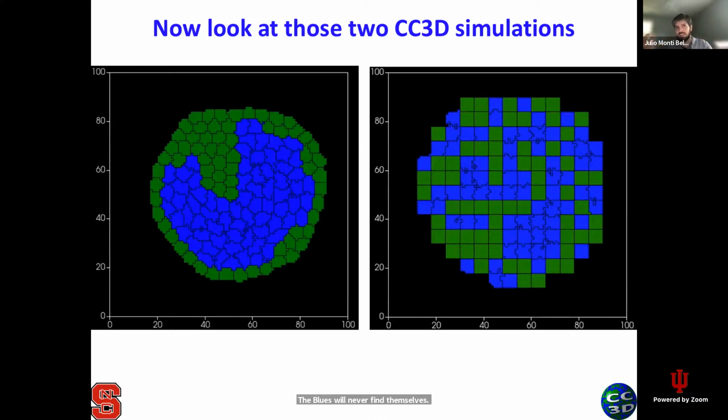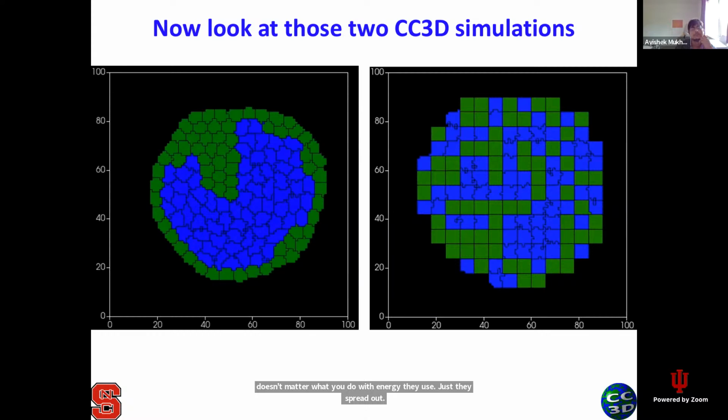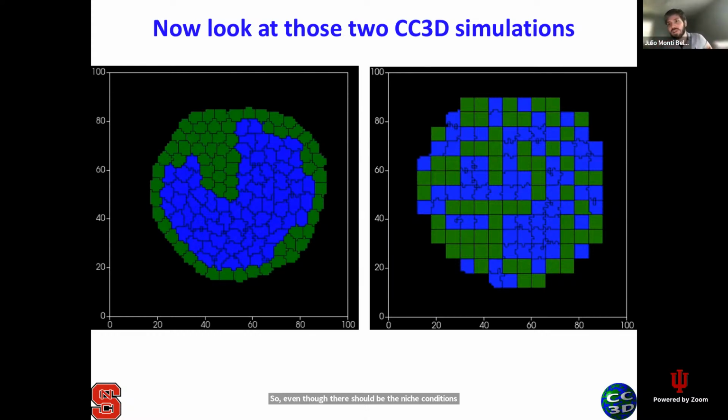So it would be in a metastable, intermediate state that never resolves. Or you may have so many green cells compared to blue cells that the blue cells will never see each other, so it doesn't matter what you do with the energy, they spread out. Okay. So even though the energy will be the same, the initial conditions also dictate whether you can achieve the final shape or not. Okay. But of course, this is in a very simple way, right?